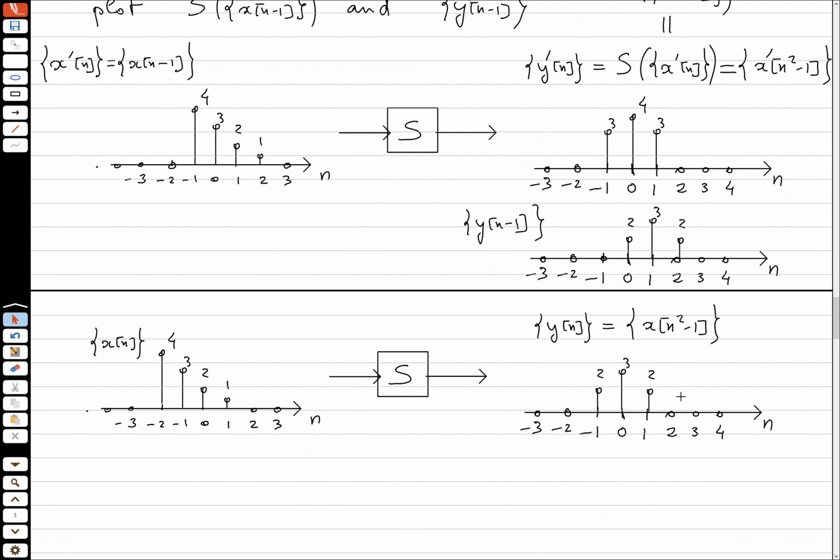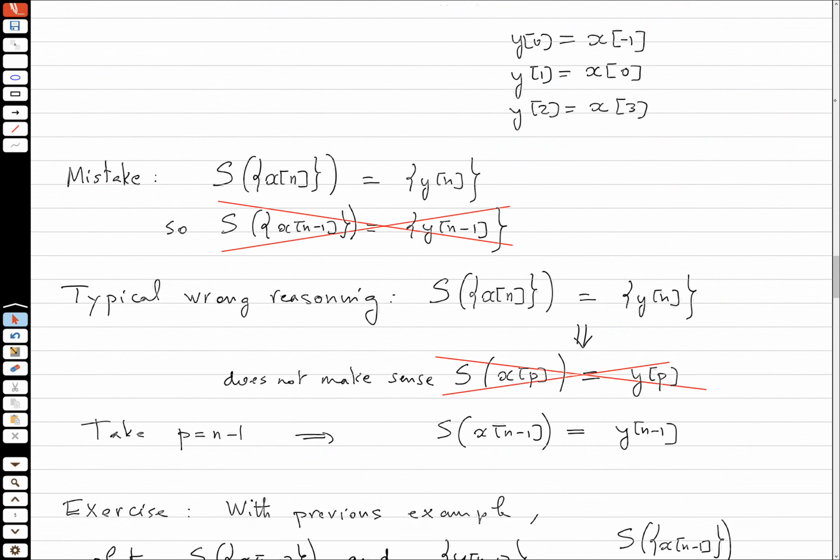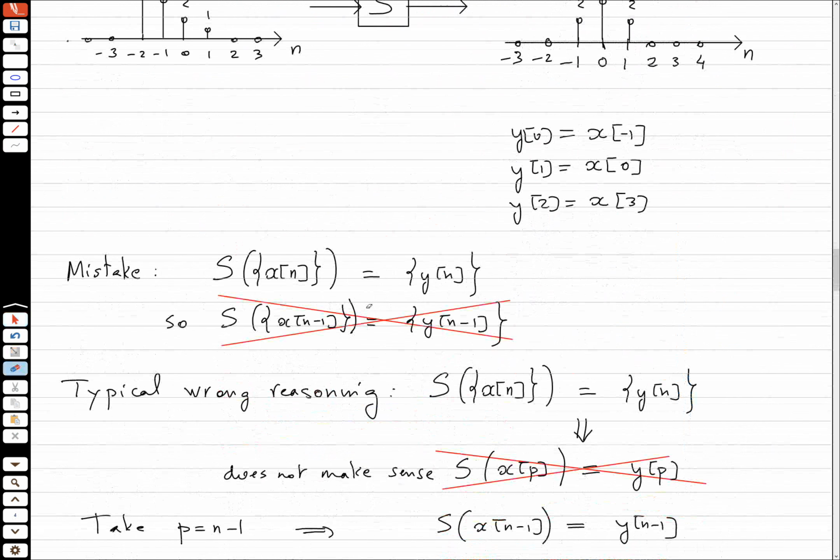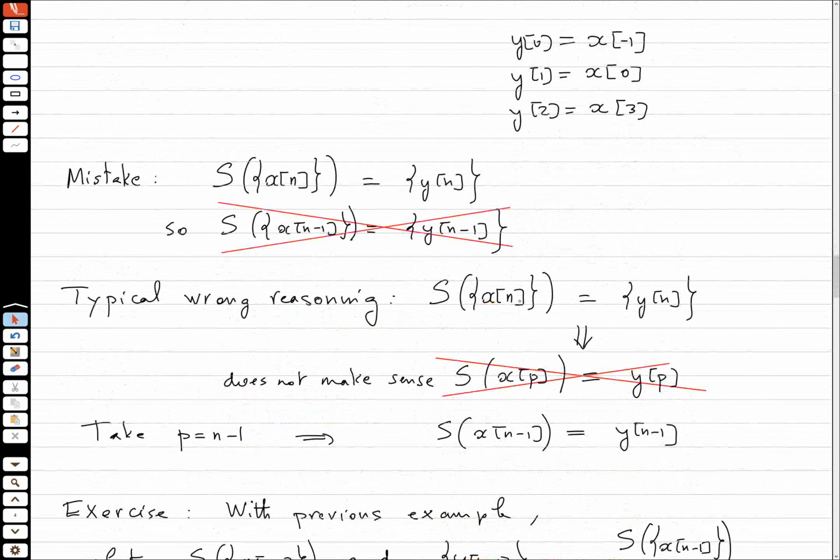So the wrong formula says that if I shift this to the right, I should obtain this. But it's wrong, because actually you obtain that. So this reasoning does not imply this. And the reason is that it emphasizes that reasoning that is wrong.